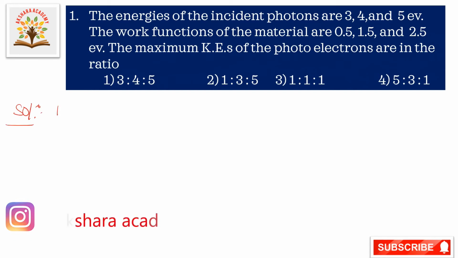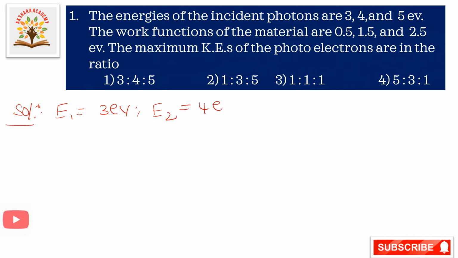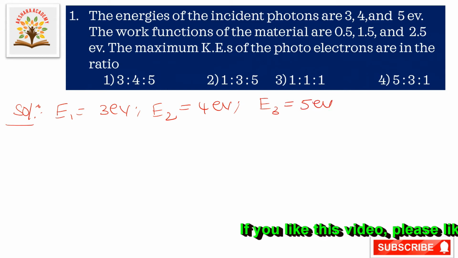Here they have given E1 equals 3 electron volts, E2 equals 4 electron volts, and E3 equals 5 electron volts.